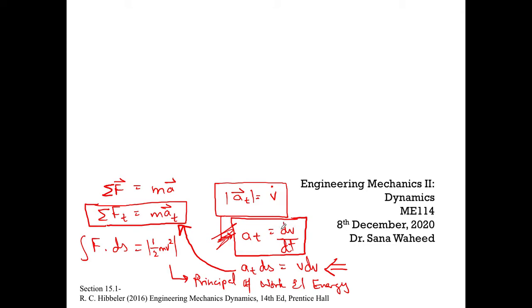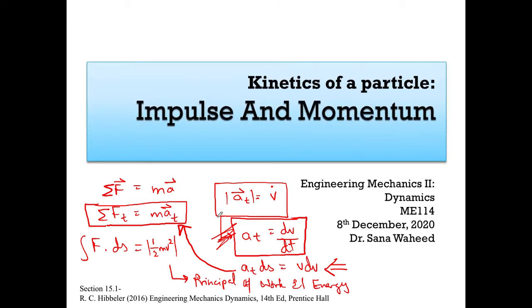And this is indeed what we're going to be doing today, and we'll see shortly that this particular manipulation of the equation of motion leads us to the principle of impulse and momentum. Okay, so last time we've been looking at work and energy, and now today we're going to see how, again from the equation of motion, how we're going to get the principle of impulse and momentum. ठीक है जी.